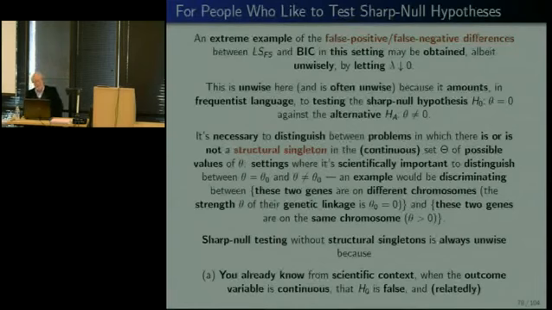So an example where theta is singled out for structural singleton is the following. The statement, these two genes are on different chromosomes, because the strength theta of their genetic linkage would actually be identically 0 then, versus these two genes are on the same chromosome, in which case they have a chance to be linked according to how far they are apart.